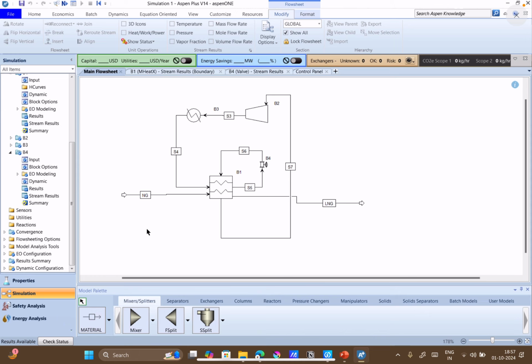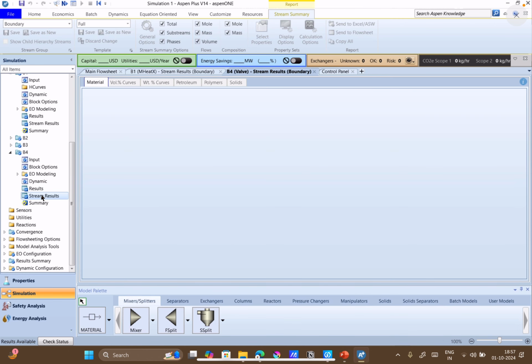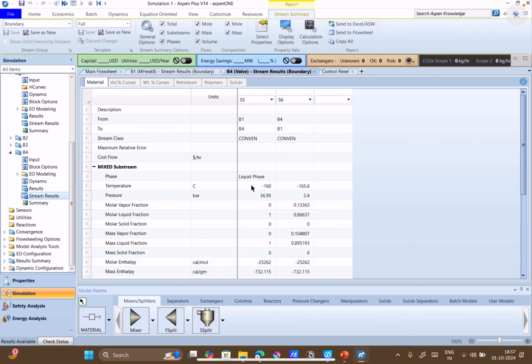Yeah, so results are available. What we were discussing, the outlet of B4. That 160 degree centigrade stream is expanding to 165.6. This will be used to cool down both natural gas and intermediate stream.